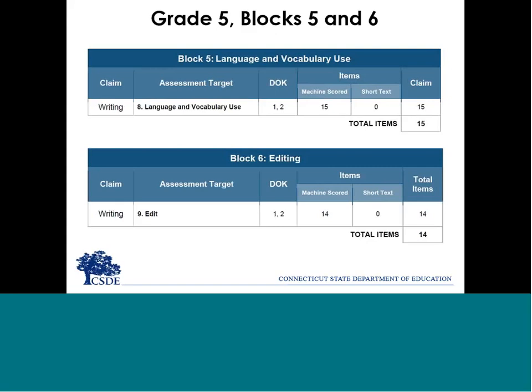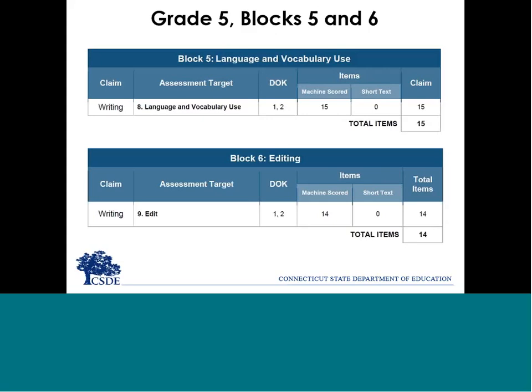For all grades except for grade 8, the Edit Revise block has been separated into 3 separate blocks, 2 of which you see on the screen. The language and vocabulary block focuses on the use of construct relevant vocabulary, the use of concrete words and phrases, the incorporation of effective sensory detail to convey experiences and events, or the ability to choose the best word or phrase to convey an idea in a text precisely.